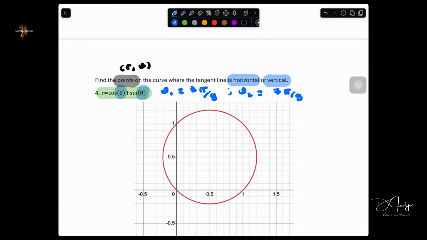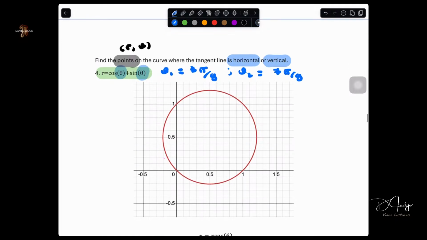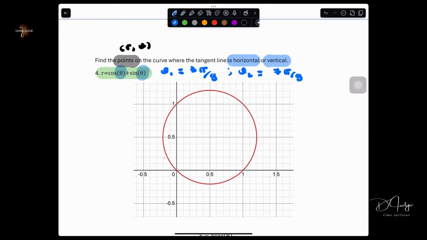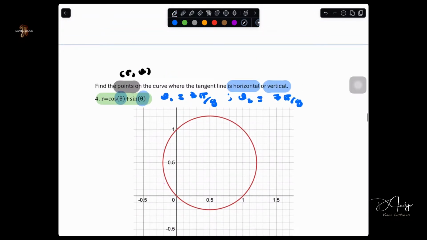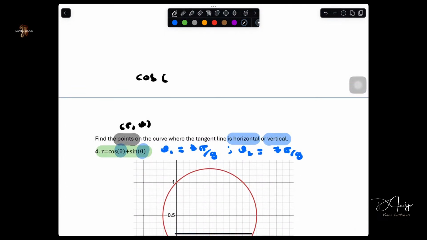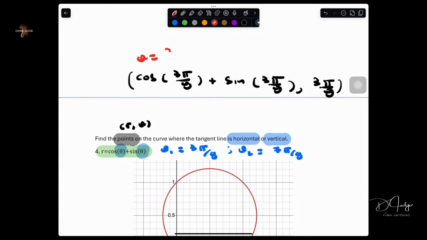So here, essentially, what we're going to say is this. The first point, let me write it on top, maybe: cosine 3 pi over 8 plus sine 3 pi over 8, comma, the angle 3 pi over 8. So here's your first location, and that happens when theta really is 3 pi over 8.